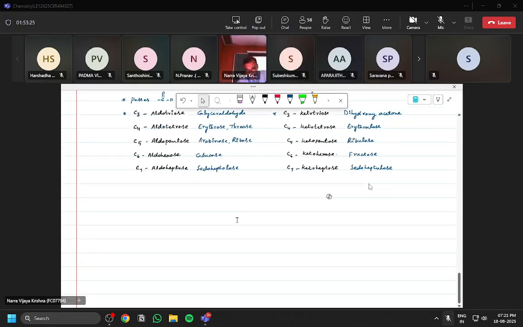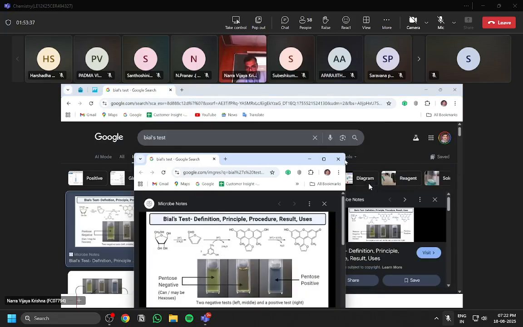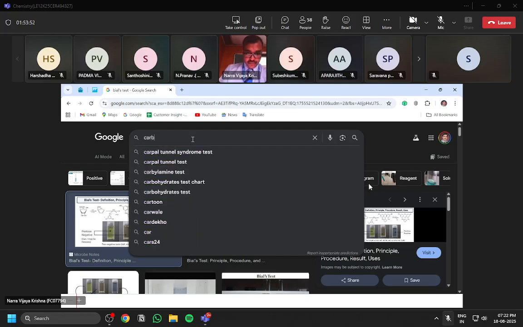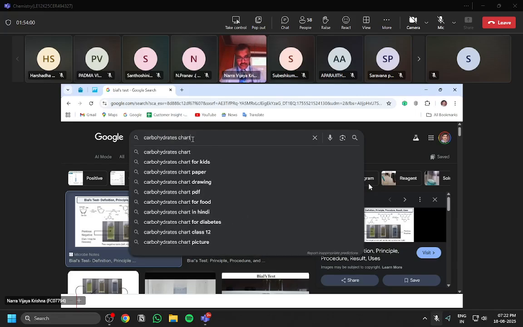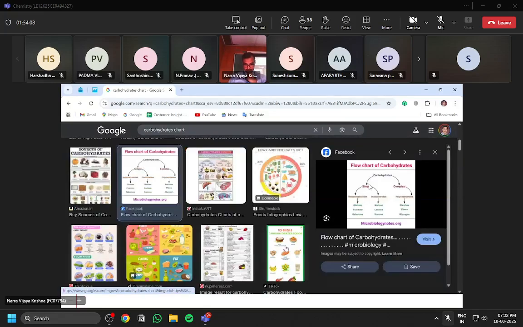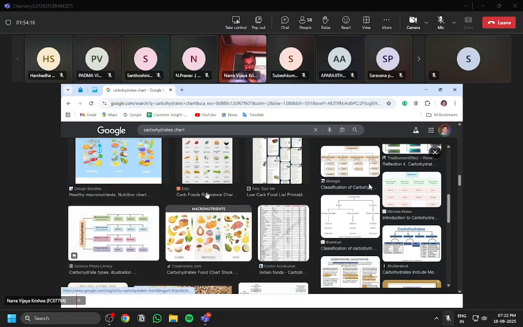C1 epimers are also called anomers. Understood. I will take the diagram directly. What can I call it as?